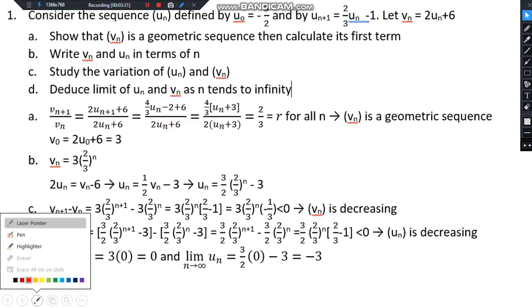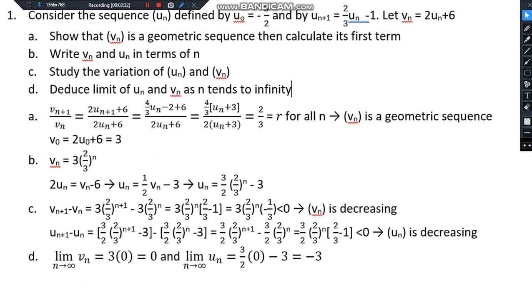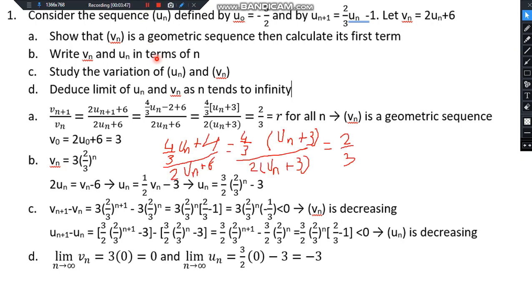So now if you want to do the calculation, since this is 100% a geometric sequence, we have 4 over 3 un plus 4 over 2 un plus 6. Put the coefficient of un up and down in factor.